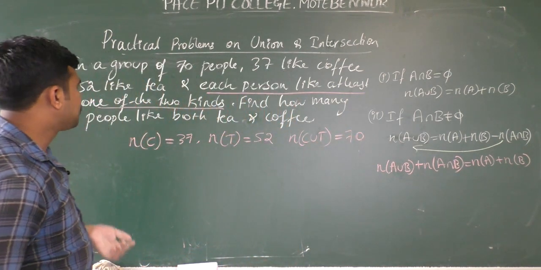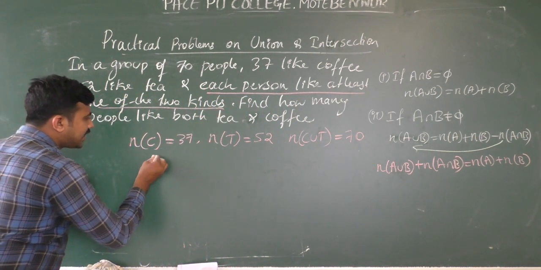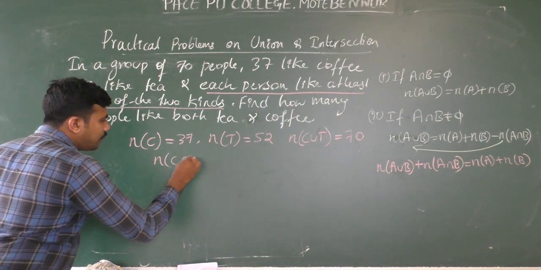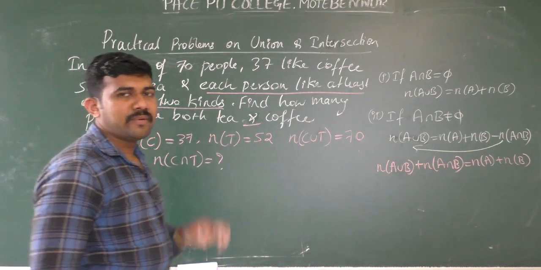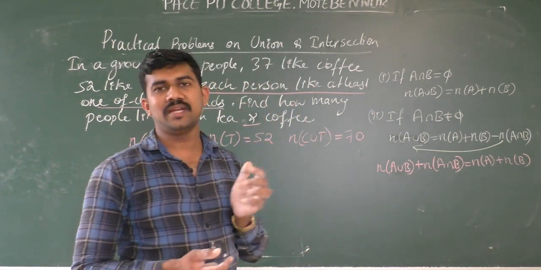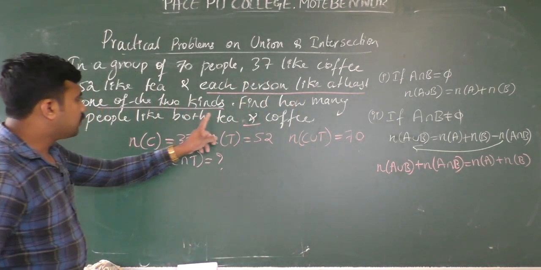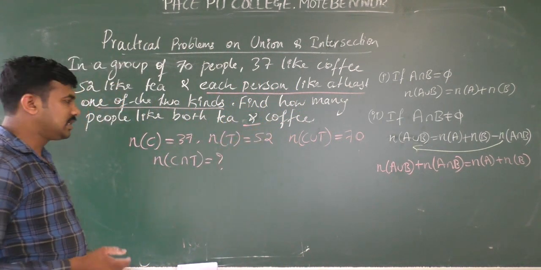Now, what we need to find is how many people like both tea and coffee. Remember, whenever you have 'and', it is intersection, and whenever you have 'or' or 'at least', it is nothing but union. So here, both tea and coffee, that is C intersection T, we need to find.